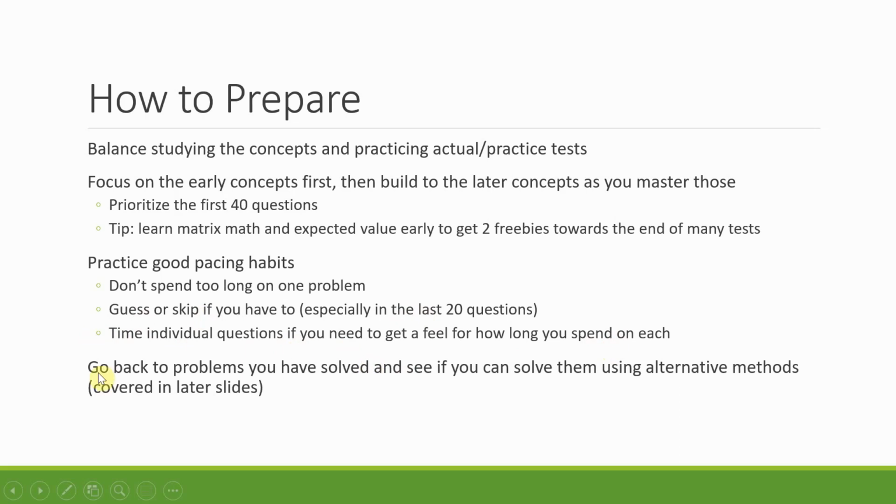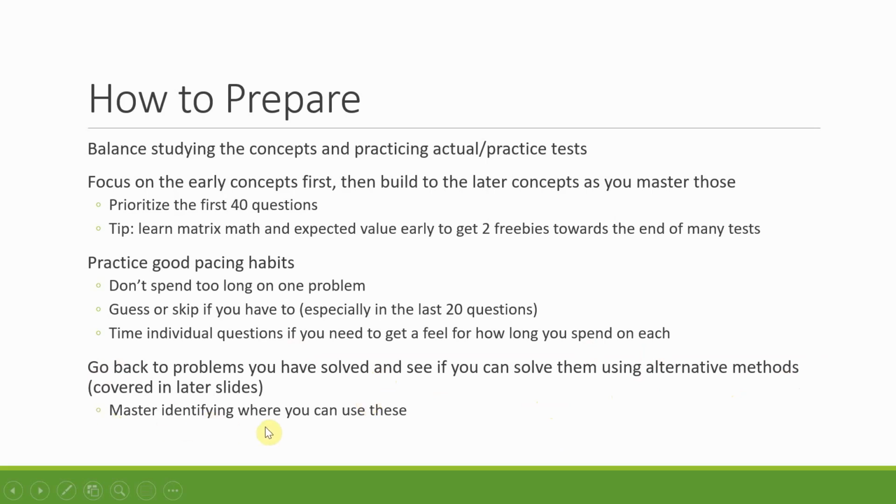And then after you've solved things, go back and see if you can use some other strategies to get your answer other than what you did. So instead of doing the math, could you have used plugging in the answers they give you? Could you have made up numbers and tested them? I'm going to go into these three main alternative strategies here in this video a little bit later.